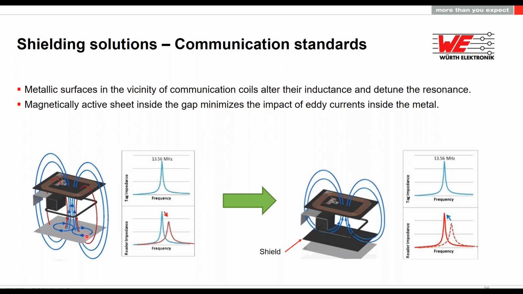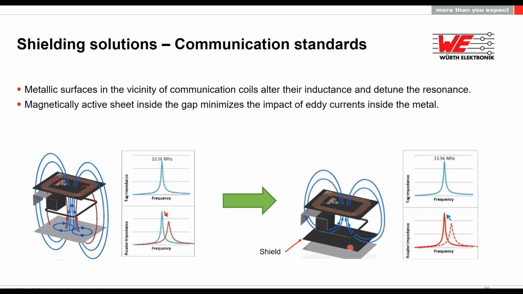These eddy currents create an opposite field, and this opposite field creates a shift in the communication frequency of the transceiver. When we have this shift, the transceiver is transmitting a different frequency than expected for the receiver. So we are also making the communication worse, and then the receiver is not able to receive the signal that is expected.